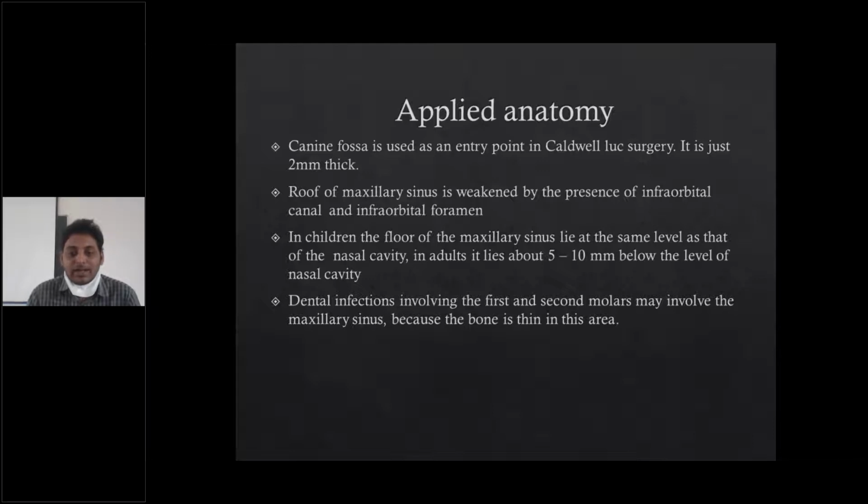Another point we should consider, especially in dental treatment: any patient usually having caries teeth or any infection of teeth like premolars and molars, if the dental surgeon tries to extract those teeth, we should be very careful, because the floor of the maxillary sinus is very thin, and if you accidentally injure it, we may get an oroantral fistula.